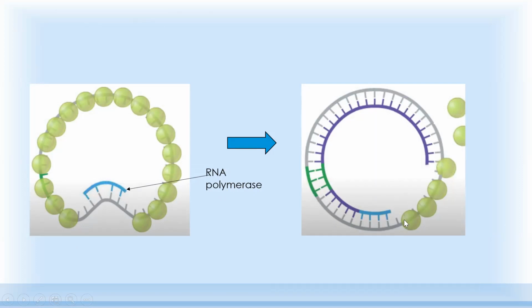As you can see here, it has continued the replication process, thereby forming another double-stranded DNA. So from this single strand, with the help of the RNA polymerase and DNA polymerase, we got another double-stranded DNA. And this comes to an end with the second cycle of replication of the single-stranded DNA.